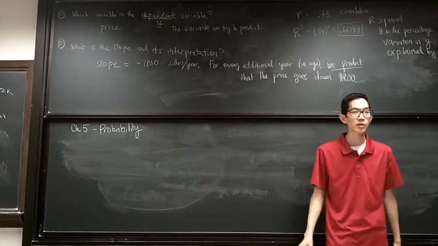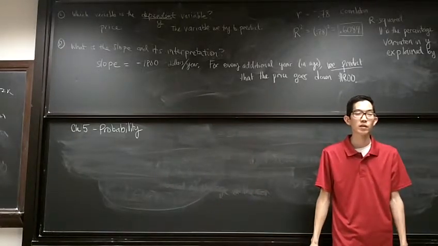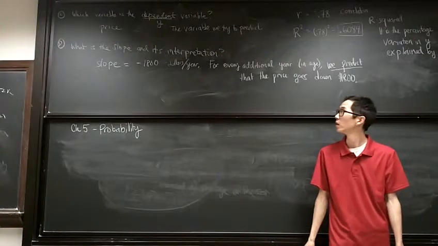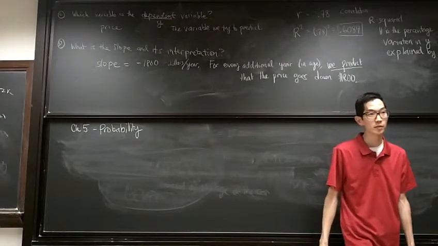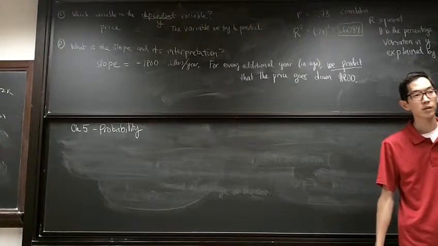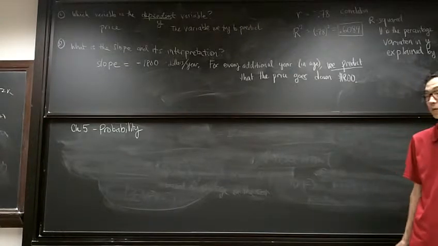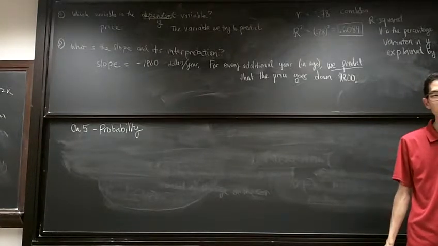Yes, question? We were wondering how you got the slope of minus 1800. From the model, or how I made up that model?